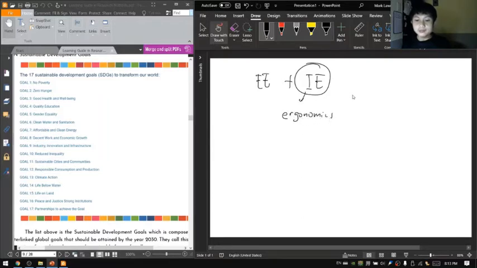Okay, or, I don't know, ergonomics. So when we talk about EE plus IE, you can go for ergonomics. When we say ergonomics, these are devices or things that can help humans with improving their life or well-being. For example, this chair.